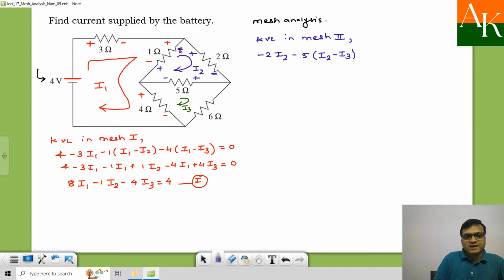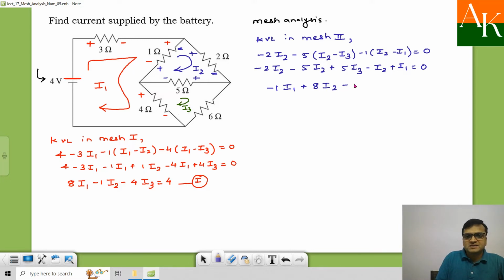And over here I will have minus 1 times (I2 minus I1), and I have completed the loop, that is equal to 0. Once you solve this, you will have minus 2I2 minus 5I2 plus 5I3 minus I2 plus I1 is equal to 0. Arranging the terms in nice format, I get minus 1 times I1 plus 8 times I2 minus 5 times I3 is equal to 0.